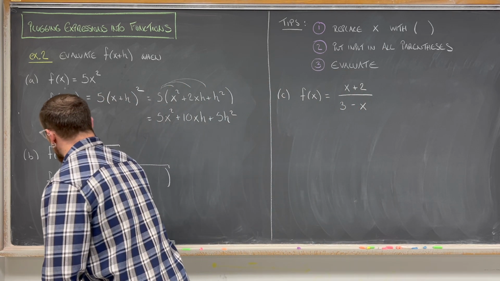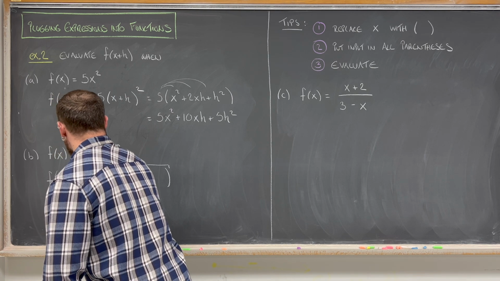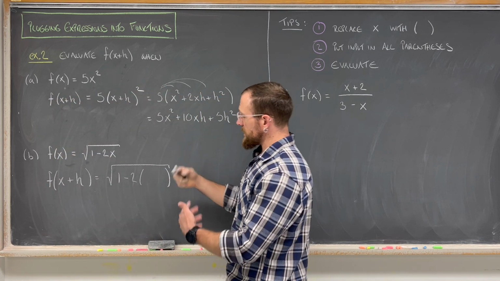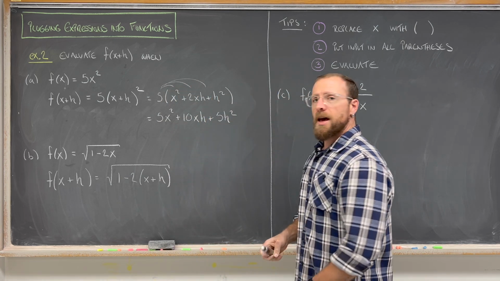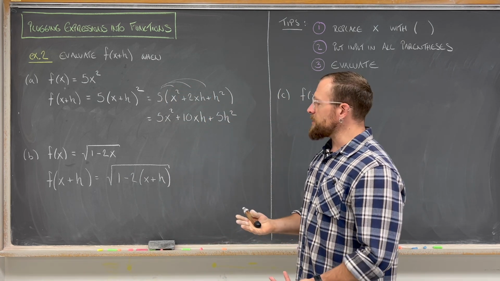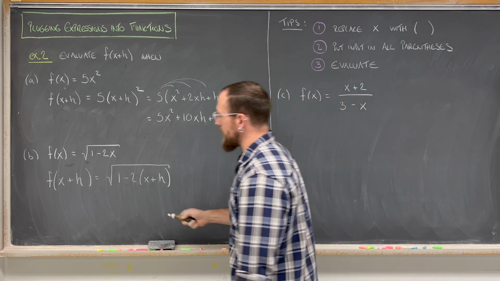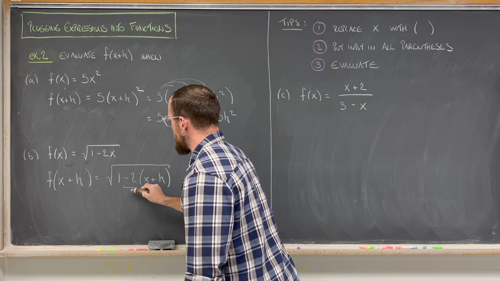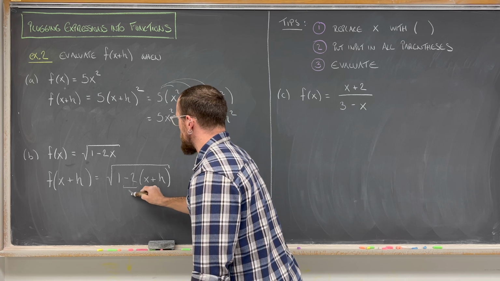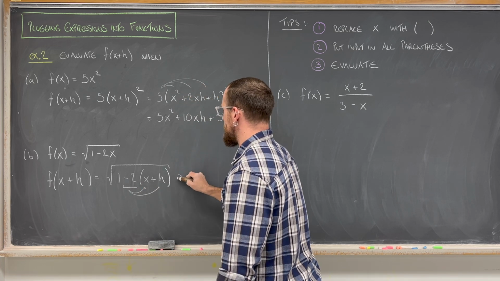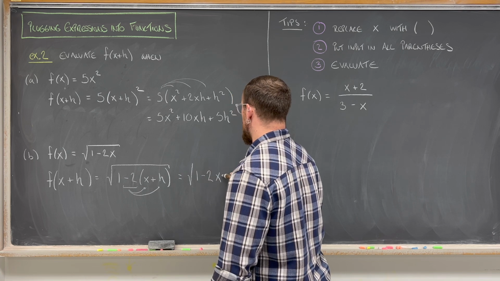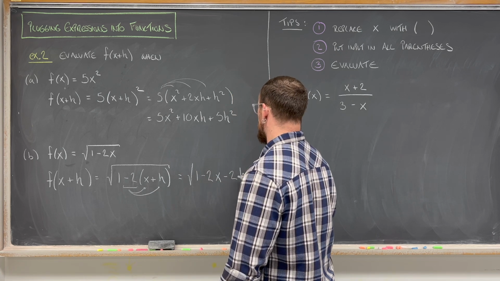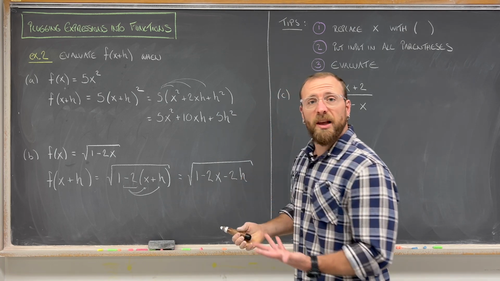And if you wanted to input x plus h, as we do, then we're just going to put x plus h inside of all of these parentheses. And now we're just going to simplify it as much as possible. In this particular case, there's not a whole heck of a lot to do, except we can take this negative 2 and distribute it to the terms inside parentheses to produce the square root of 1 minus 2x minus 2h. That's all I can do.